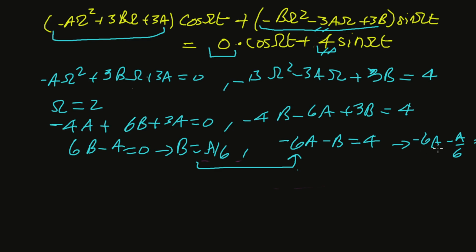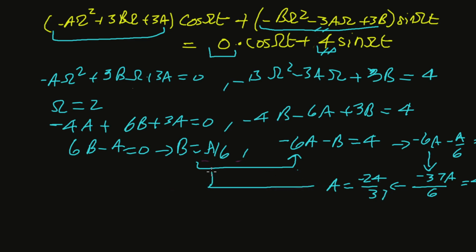So common denominator will give negative 37a over 6 equal 4. So a is negative 24 over 37.